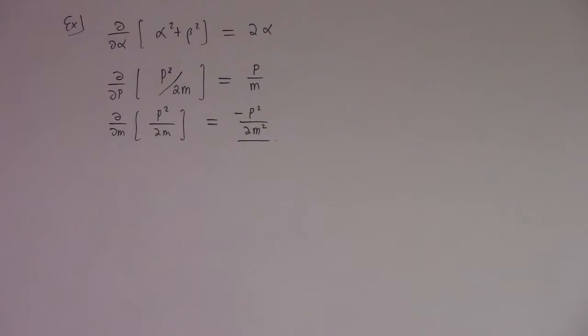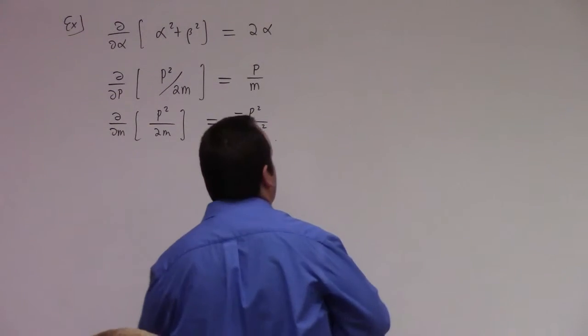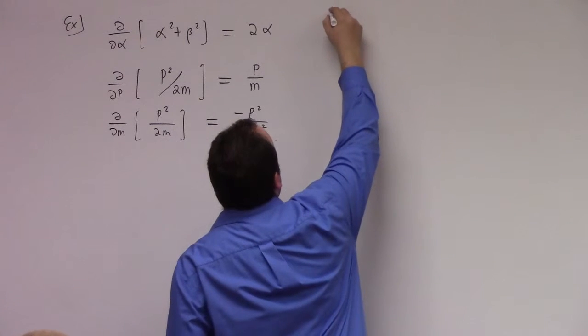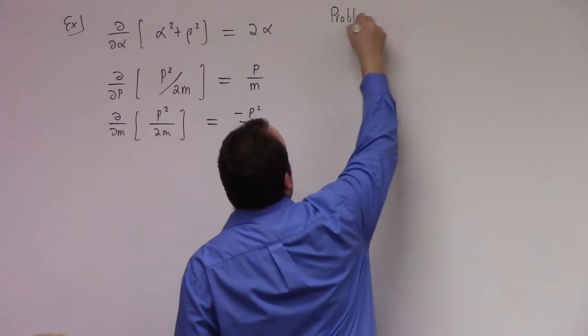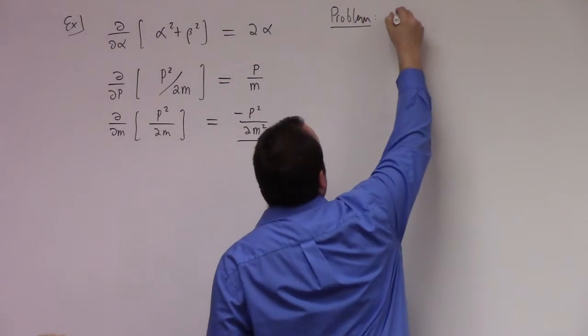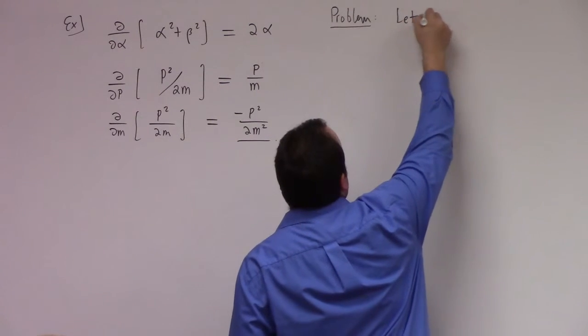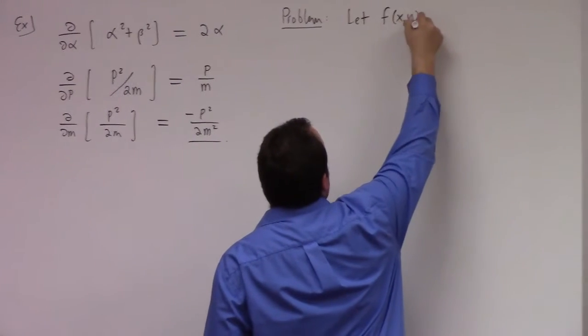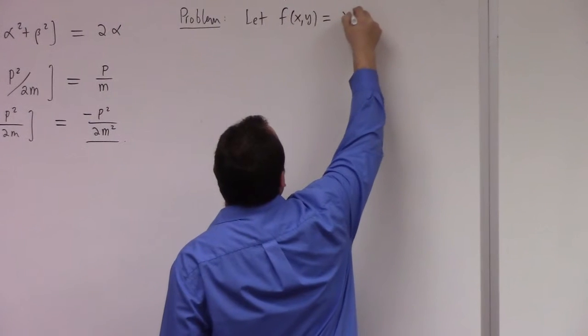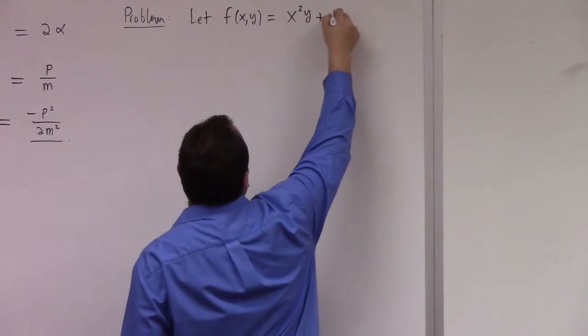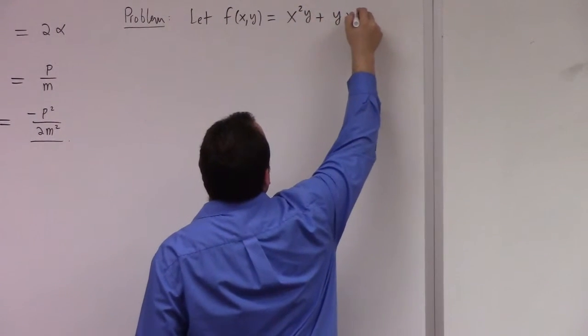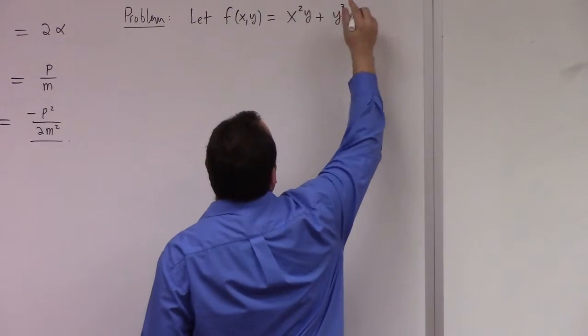Okay, so now that I've got us back into thinking about partial differentiation, I want to present to you a standard problem. Let f of x comma y equal x squared y plus y cubed times x.